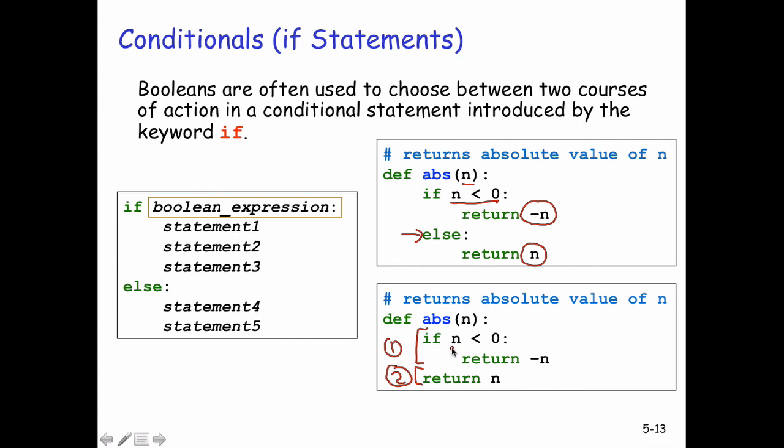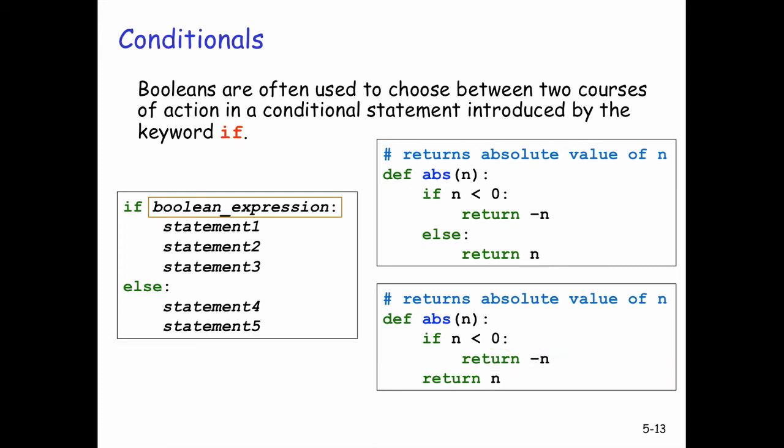Again, if n is less than 0, we are going to return the value of -n, and return will exit out of the call to the absolute value function, so the second statement would never be executed. If in fact n is greater than or equal to 0, then the second statement in its body will be executed, and that will return n unchanged.